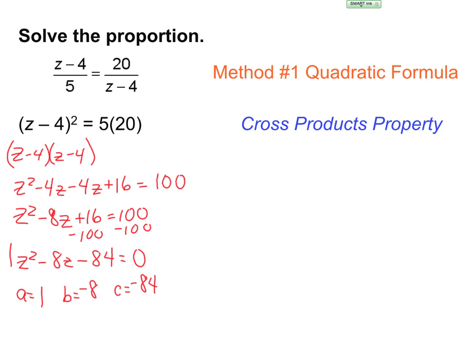That should be a negative on the 6. Oh, yeah, negative 12 is that much. That makes more sense. It shouldn't be a negative 400. This should be a positive. When you take negative 8, technically you should have parentheses around that. Negative 8 times negative 8 is positive 64.